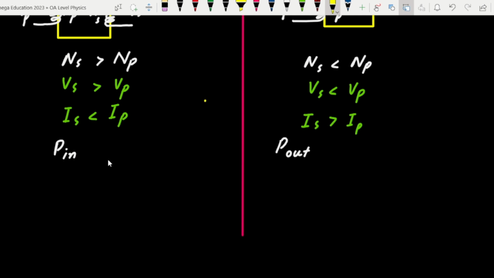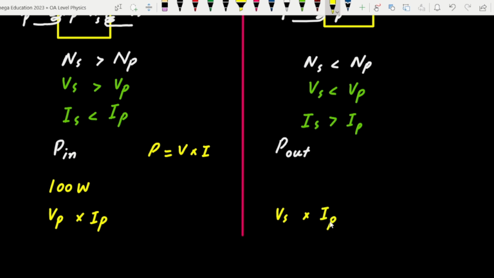So let us say the input power is 100 watts, and you know in electricity we use the expression for power, P equals V times I. So if you want to measure the primary power, it would be primary voltage times primary current, and for the output power it would be secondary voltage times the secondary current.